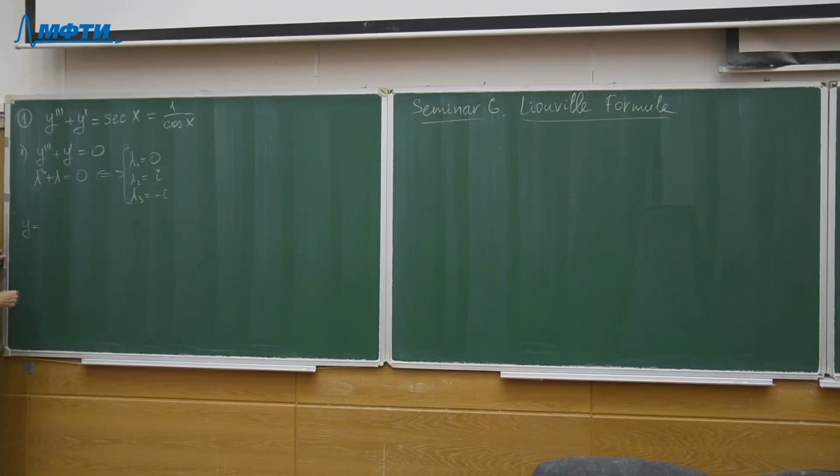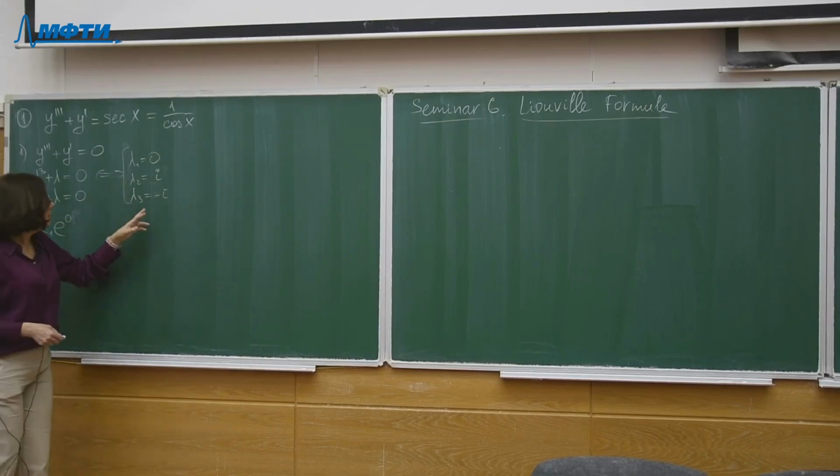y is equal to, do you remember, c1 times e to the power 0x. If we factorize this, we get lambda times lambda squared plus 1 equals 0. So 0 and the roots of this quadratic equation, they are i and minus i, because i multiplied by minus i gives 1.